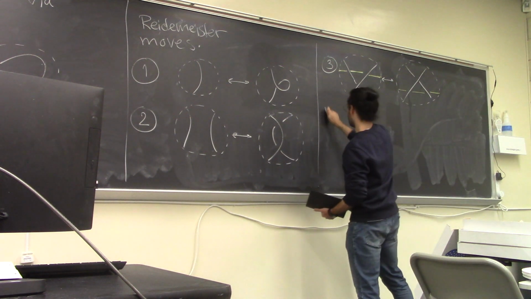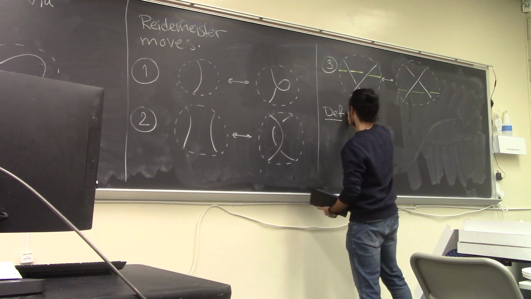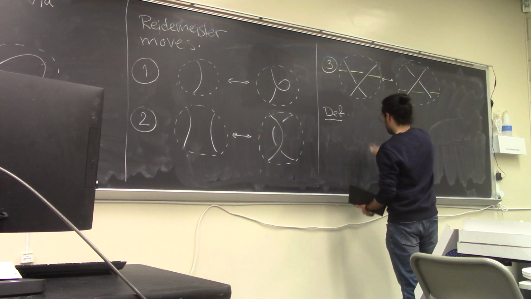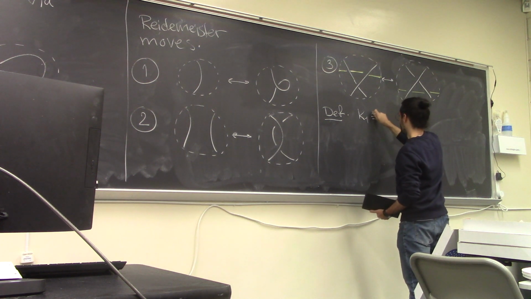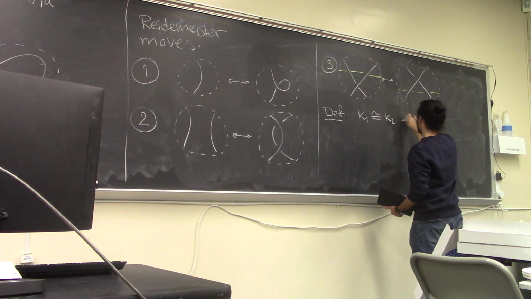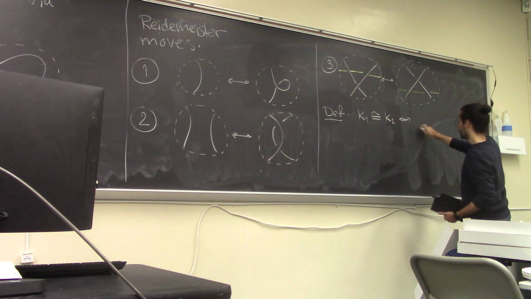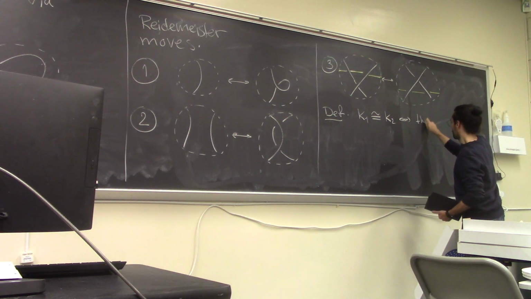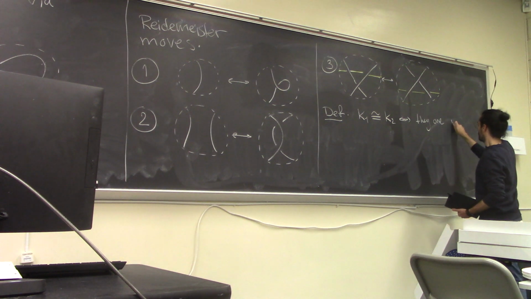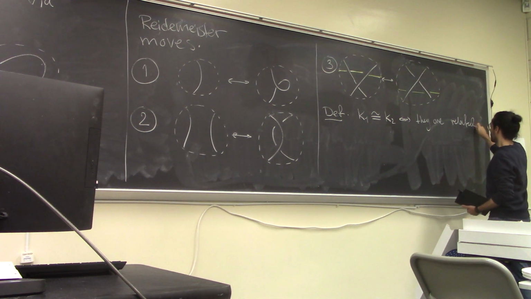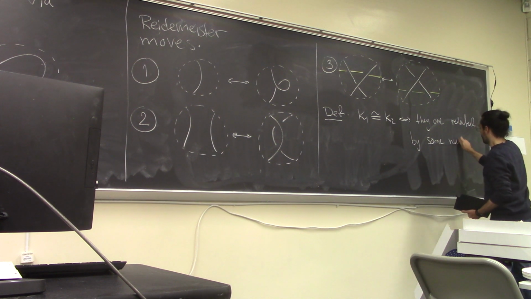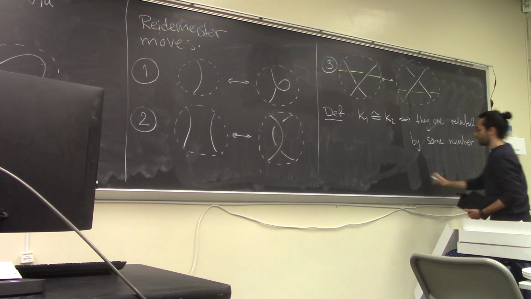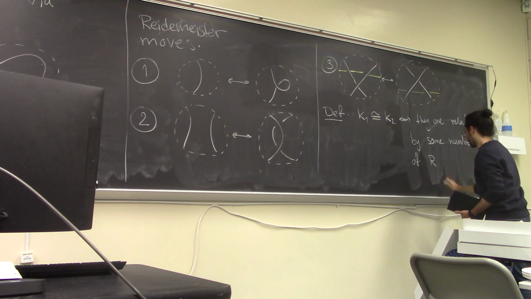So my definition is going to be that 2 knots are equivalent if and only if they are related by some number of Reidemeister moves.